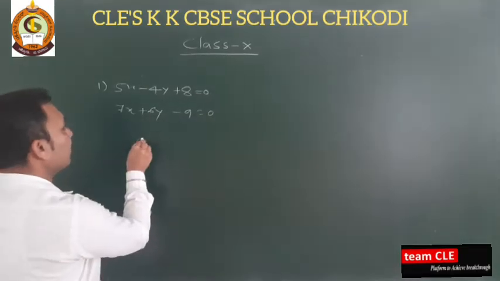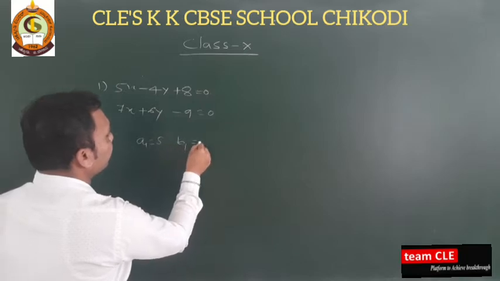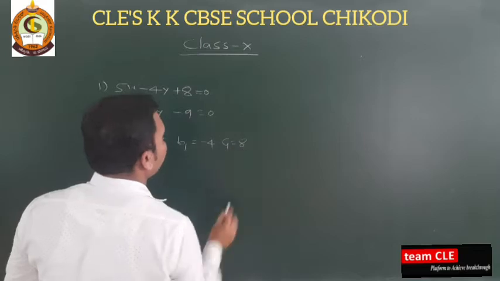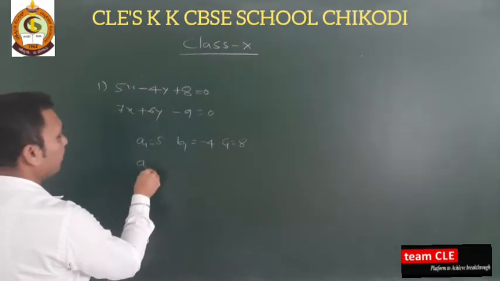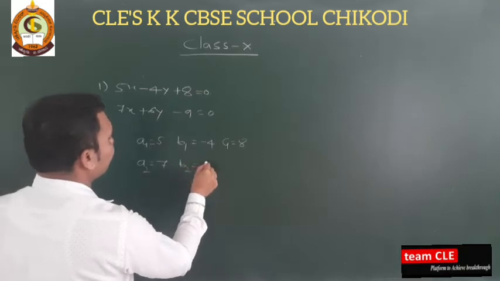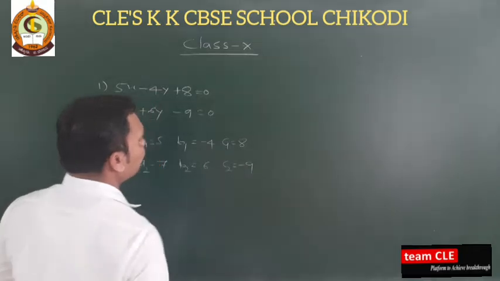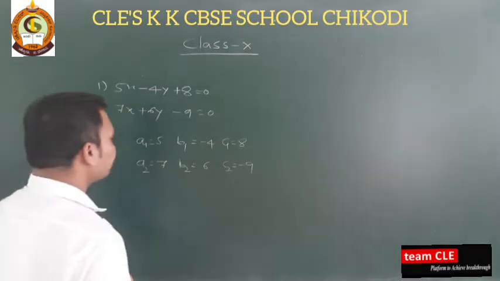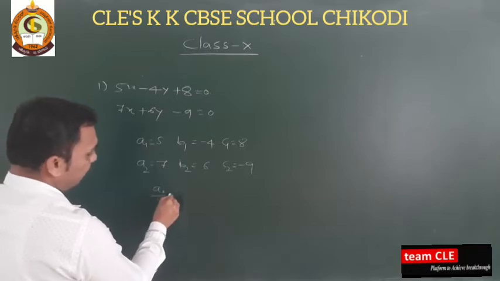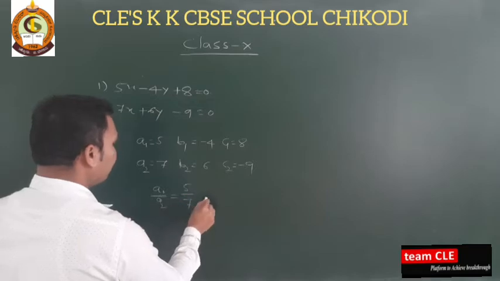Now here we have a1 is equal to 5, b1 is equal to minus 4, c1 is equal to 8. Now a2 is equal to 7, b2 is equal to 6, c2 is equal to minus 9. Now we can compare. a1 by a2 is 5 by 7.